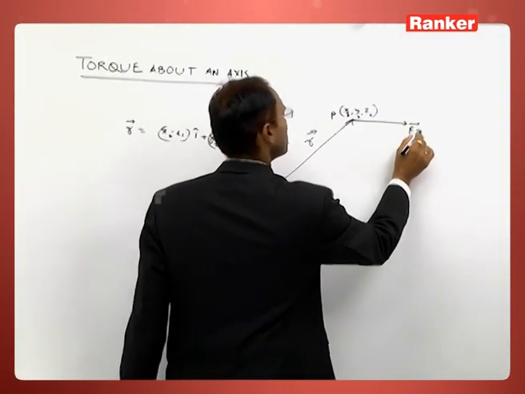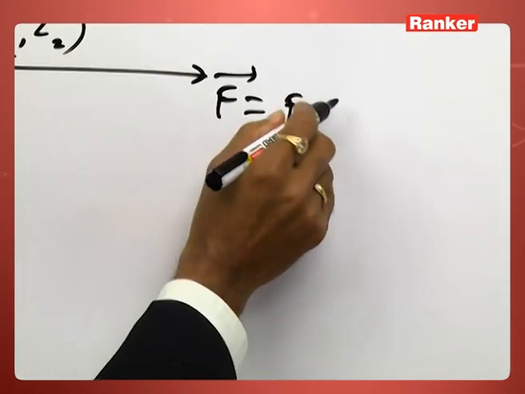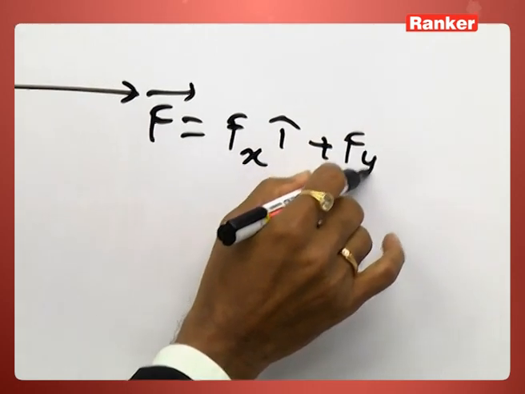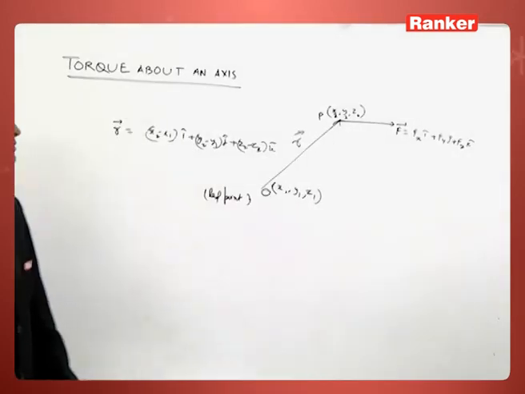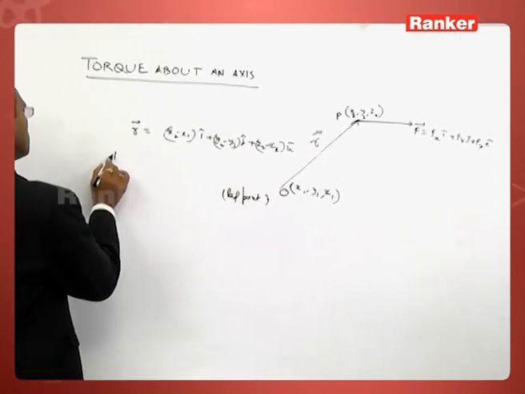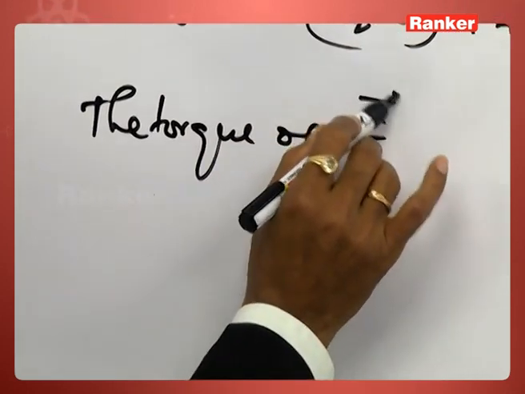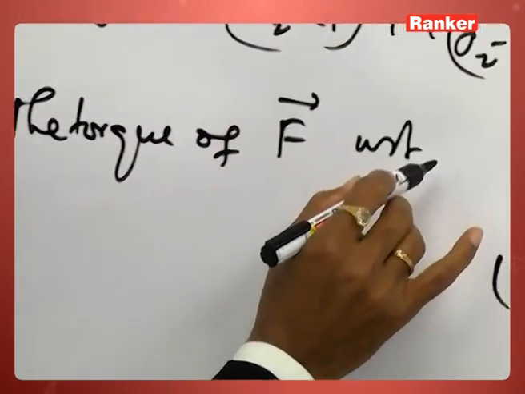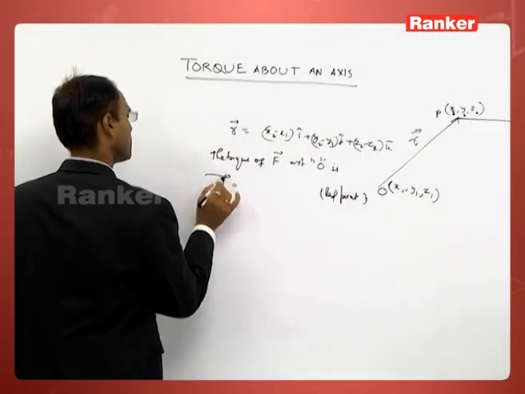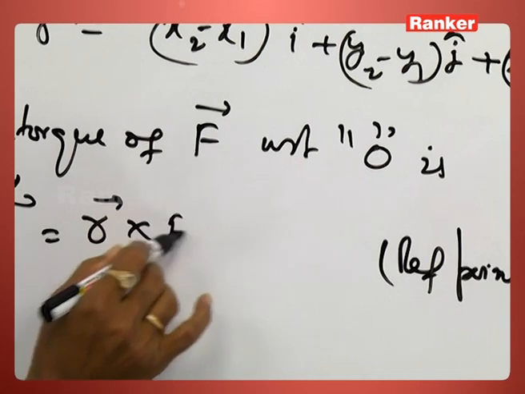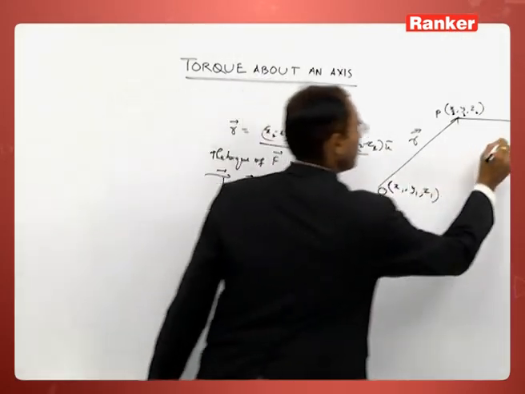Let the force have three components: Fx, Fy and Fz. The torque of the force with respect to O is given as tau is equal to R cross F. This is the R and this is F.